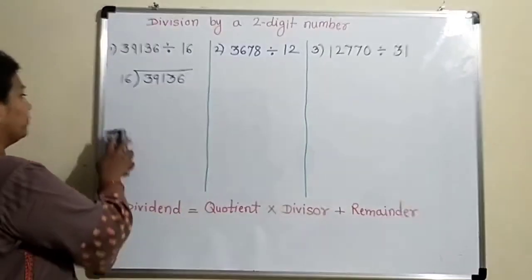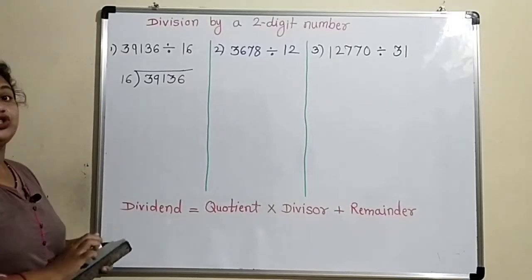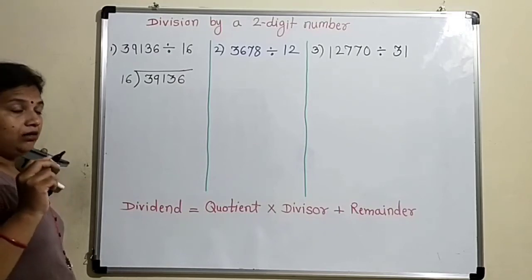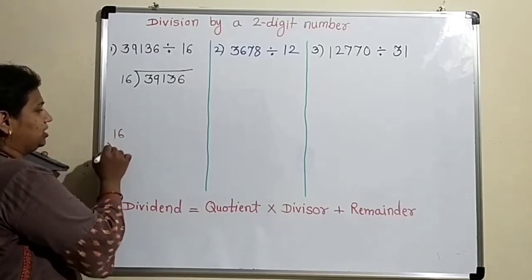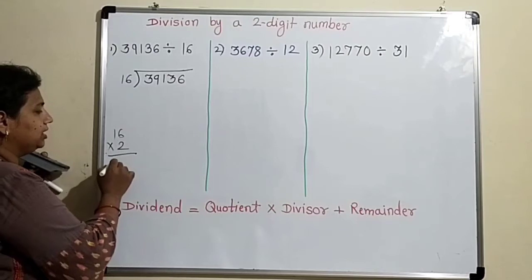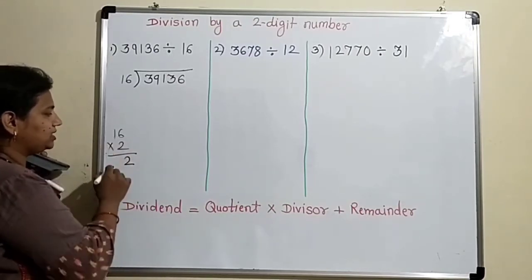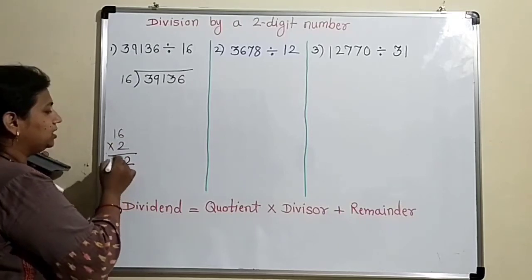39. So we have to check for 2s. How much is 16 twos, right? 2 sixes are 12, 1 is carried, 2 ones are 2 plus 1, that is 3, so 32.